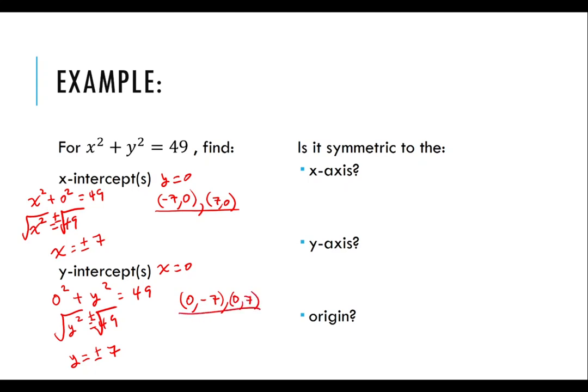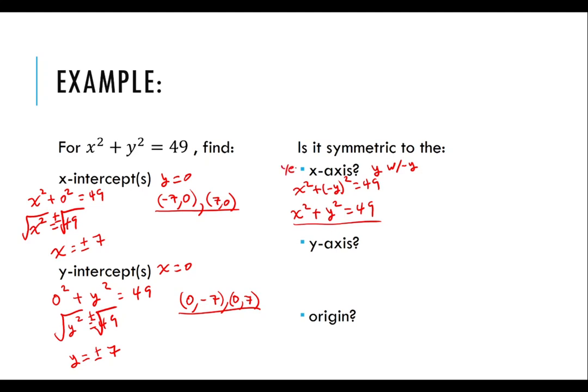Now we want to test x-axis symmetry, y-axis symmetry, and origin symmetry. X-axis, y with negative y. So that is x squared plus negative y quantity squared is equal to 49. So then this becomes x squared plus negative y quantity squared, which is really y squared, is equal to 49. But notice that when we simplify, we get the exact same thing that we started with.